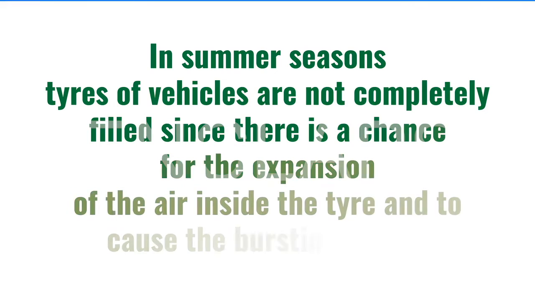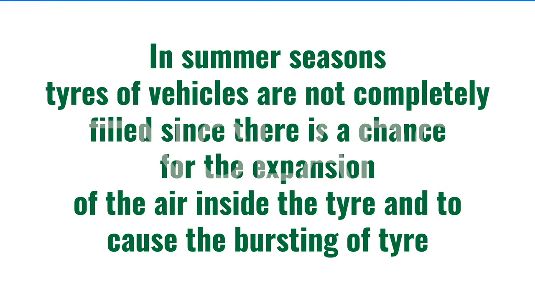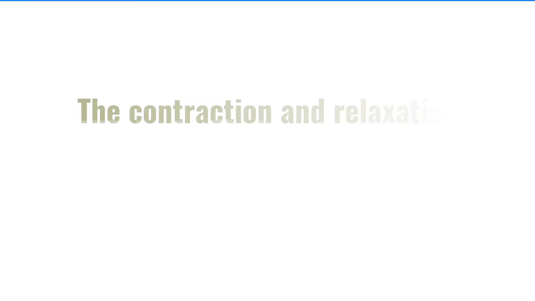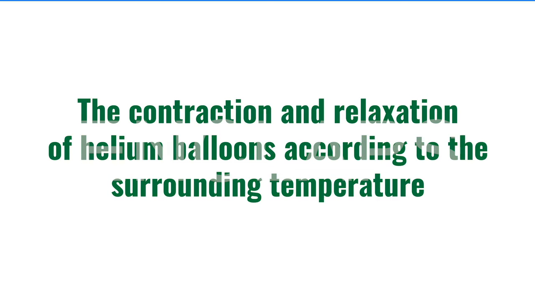In summer seasons, tires of vehicles are not completely filled since there is a chance for the expansion of the air inside the tire and it causes the bursting of the tire. Next one is the contraction and expansion of helium balloons according to the surrounding temperature.